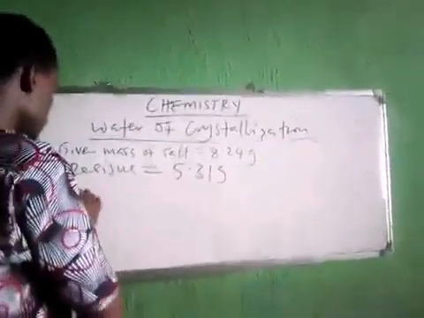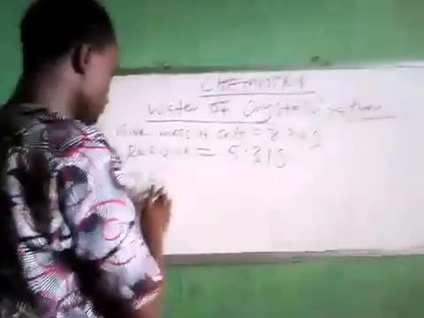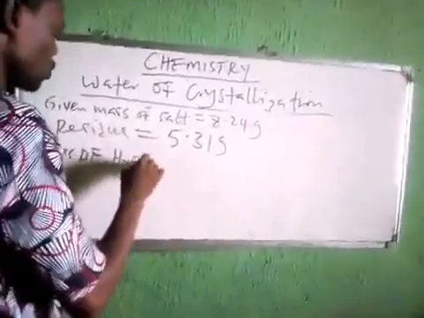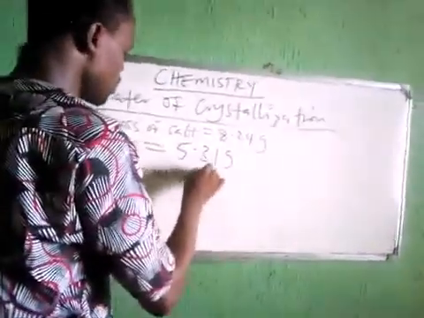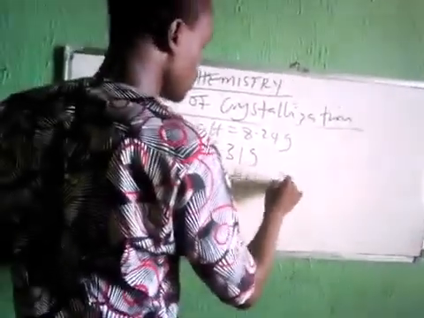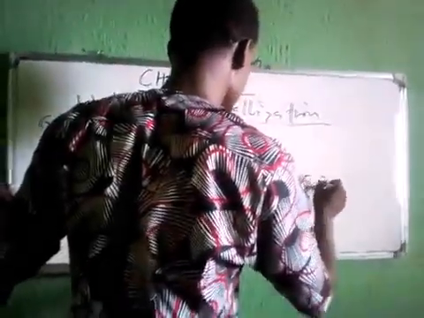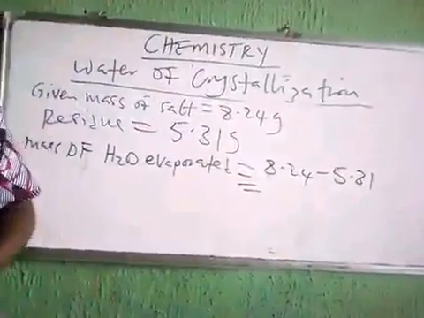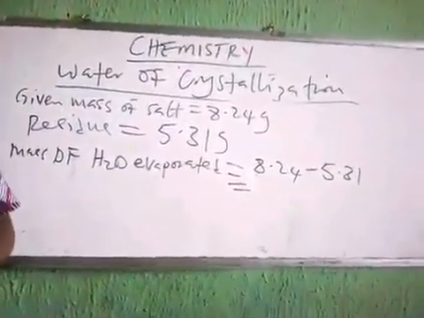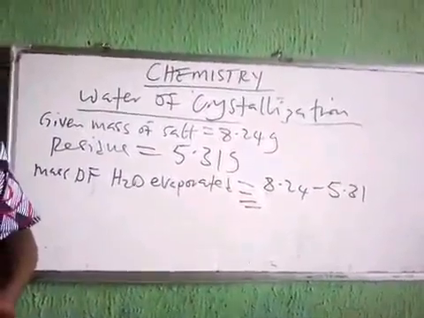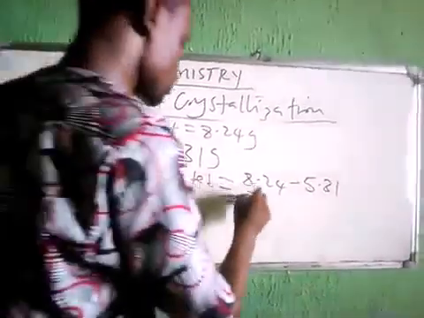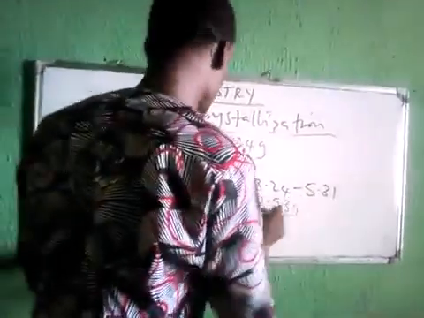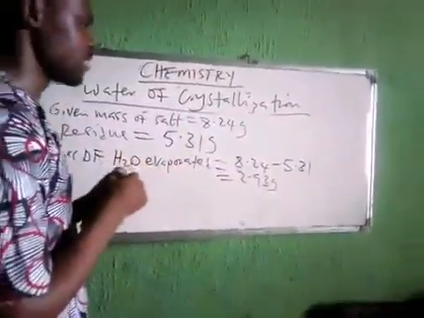So mass of H2O evaporated equals 8.24 minus 5.31, and that will give you 2.93. That's the mass of the water.